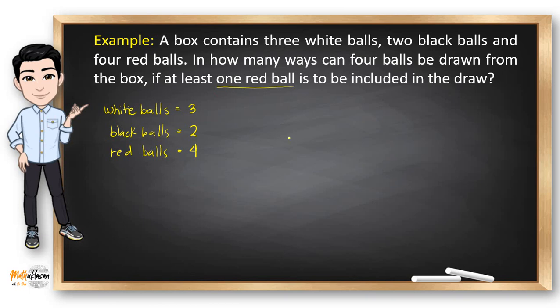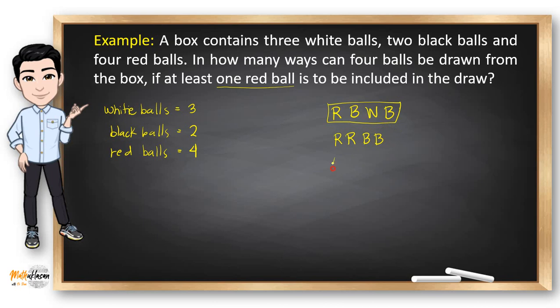Remember that we need to draw 4 balls containing at least 1 red ball. So for example, the first draw is red, followed by black, followed possibly by white, another black, and another white. Oh, or rather, we're done. This is the first possible combination, right? Because we have at least one red ball here. Or we can also have two reds, while it doesn't matter if you have two blacks, two whites, or one black and one white.